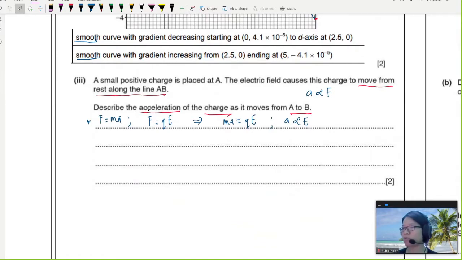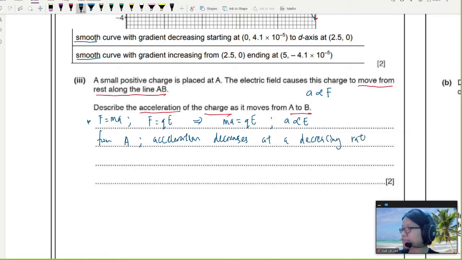Okay, so I would say that from A, let's think about the curve. The value of E decreases at a decreasing rate. So from A, the acceleration decreases at a decreasing rate. Just to be safe, write the rate so it's very clear.